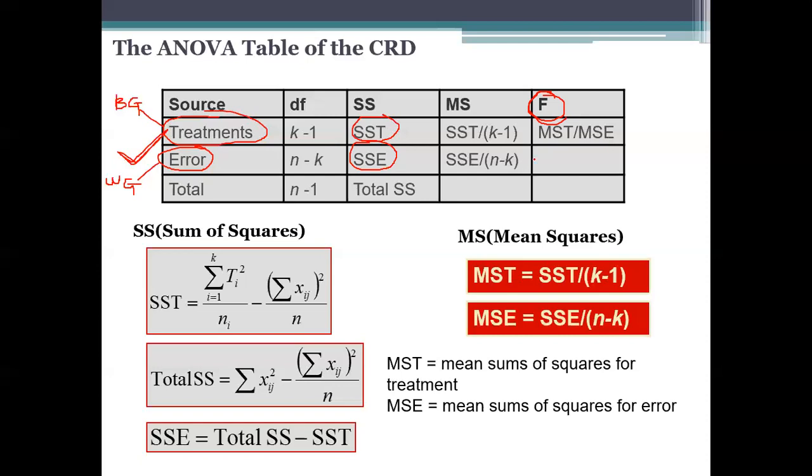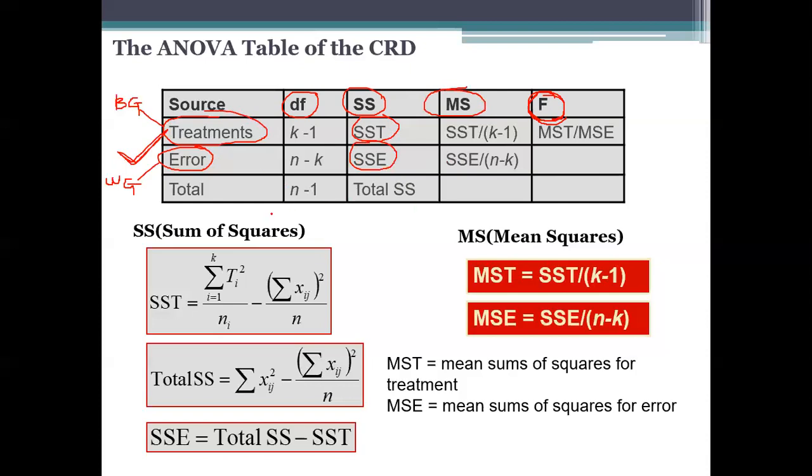Okay, so to get the value of the test statistic F, that is MST divided by MSE. First of all, we are going to get all these values: the degrees of freedom for both treatment and error, the sum of squares for both treatment and error, and also the mean square for both treatment and error.